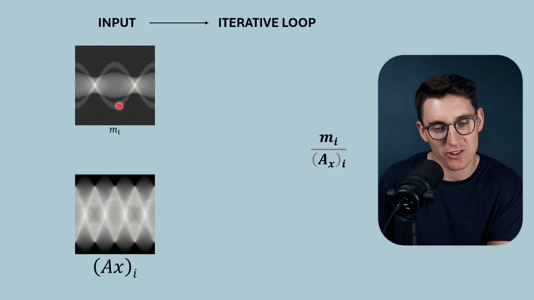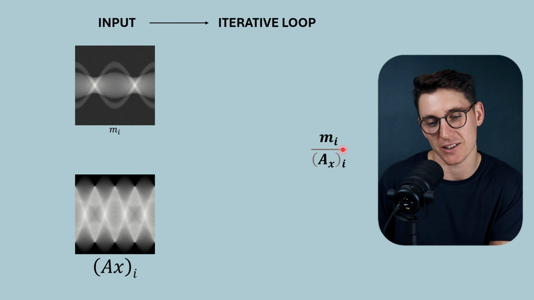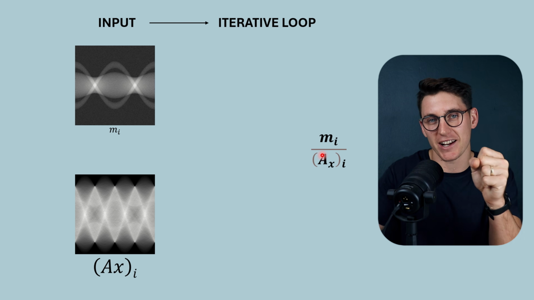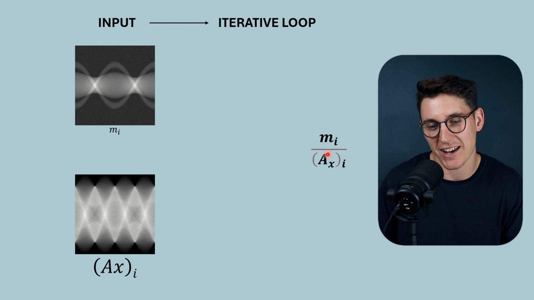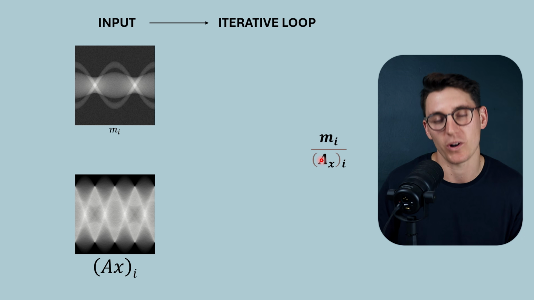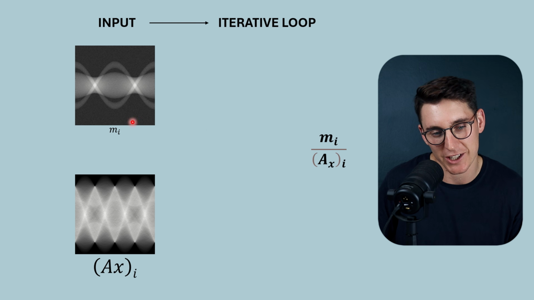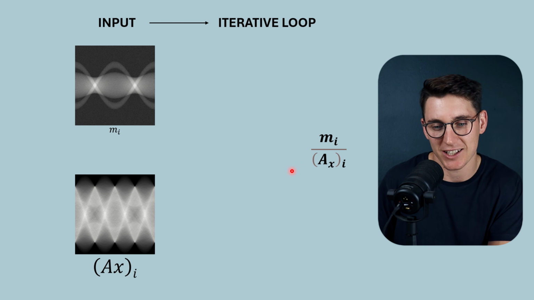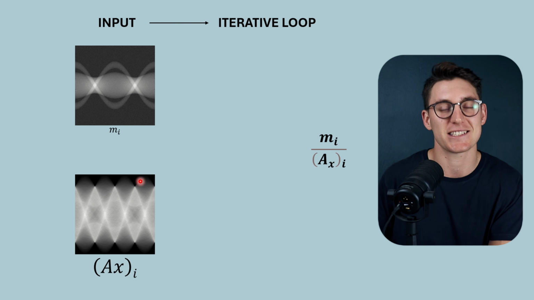We want to see where these two images differ from one another. The ratio here is going to provide us that difference. The closer these values are together, the closer this number is going to become to 1. And the further they're apart, the further away from 1 it's going to get. We're creating a ratio of differences here. Now to do that, we actually apply these data sets over one another.